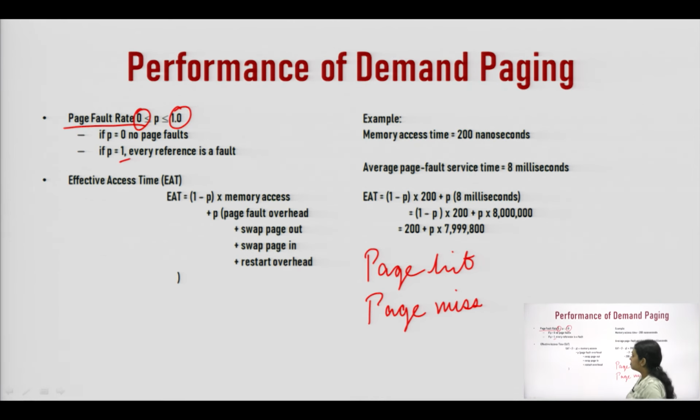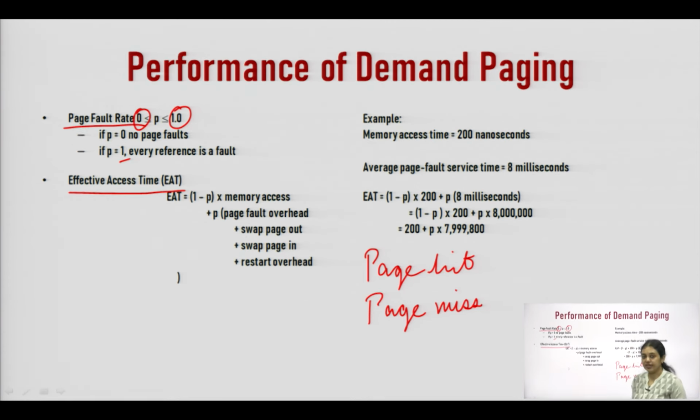Then another term that we use for calculating the performance of demand paging is effective access time, EAT. EAT is basically calculated by using the page fault rate and the memory access time along with the average page fault service time.